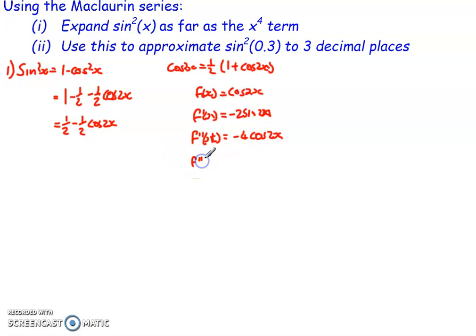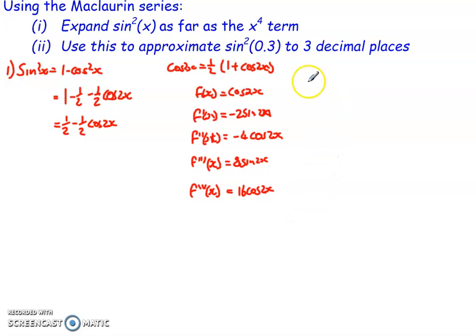This will give me my term to the power of 3. So f triple dashed of x equals 8 sine 2x. And then my x to the 4 term will be given by the fourth derivative, which is going to be 16 cos 2x.